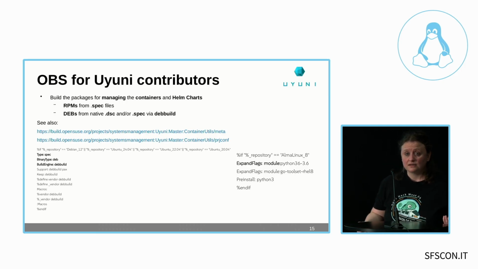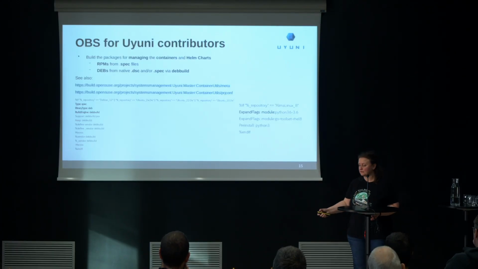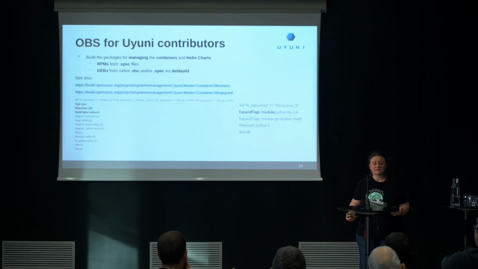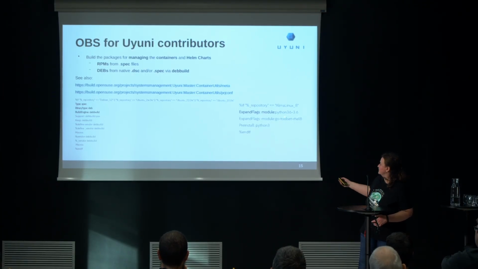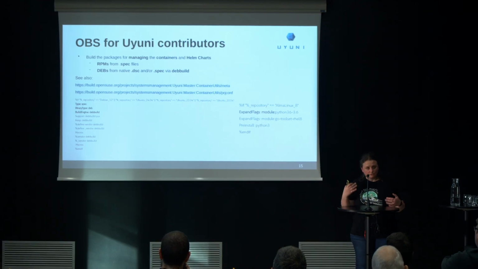And this feature is also available, and there is this specific expand flag directive, and with that one we are telling the build service, yes, what I'm building in this repository called Alma Linux 8, it's something that should also use this module for Python 3.6 or this other module for the Go toolchain. So you can also do this kind of customization for having some specific build.